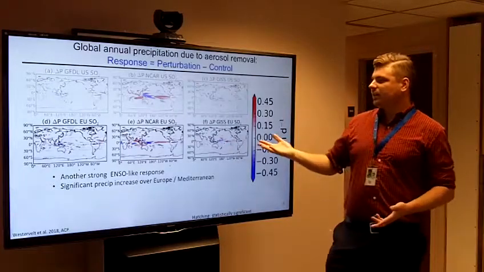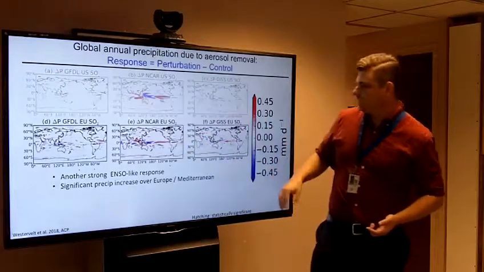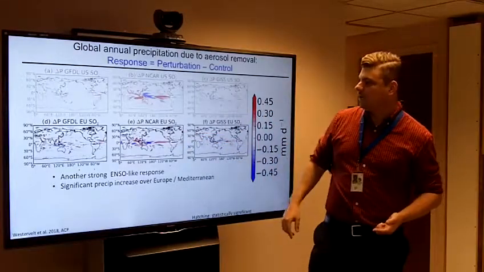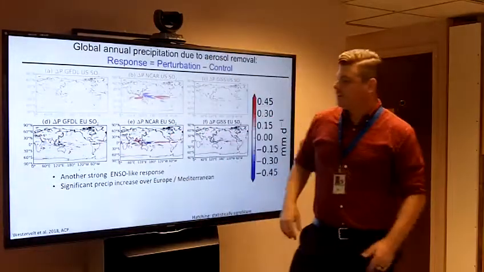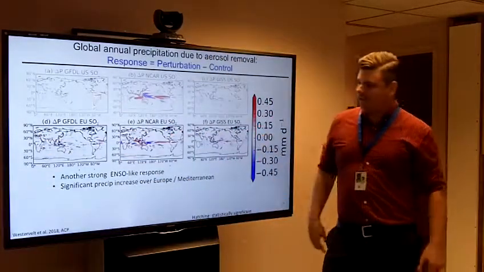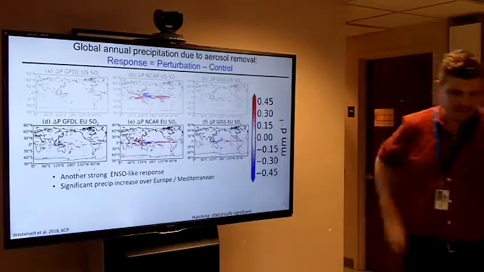What I mean by that is that aerosols are changing in Europe. The precipitation rates are also changing a little bit in Europe as well. Maybe you can't see it too well, but there's a little bit of red in there in all 3 of the different models. I'll zoom in a little bit later on another plot.